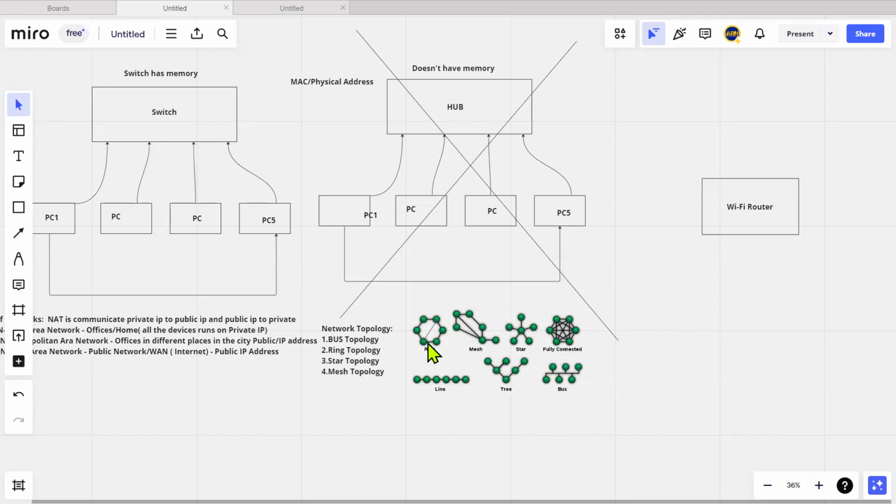From here, first the request will go to here, then here. So the request needs to cross all of these and reach here. It may take a lot of time.